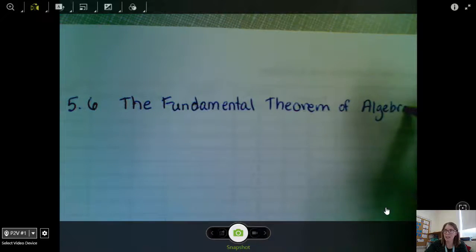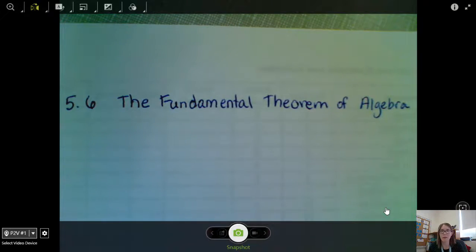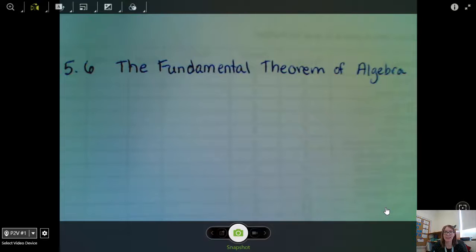When we're working in section 6, we are going to use some of those theorems that we learned back in section 5 that we've been working with the last couple days. Mostly the rational root theorem. The conjugate root theorem might be helpful in a couple other ways, and Descartes' rule of signs, not so much in this section, but we'll definitely be using the rational root theorem quite a bit.